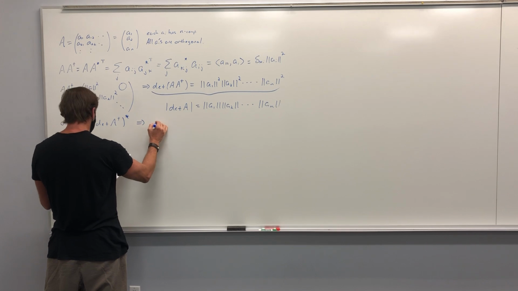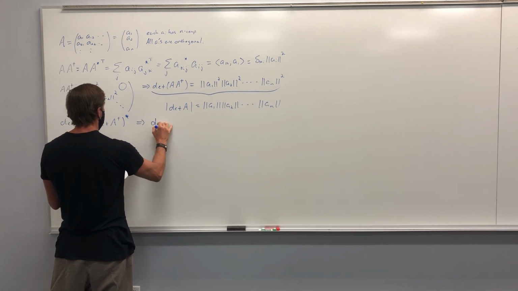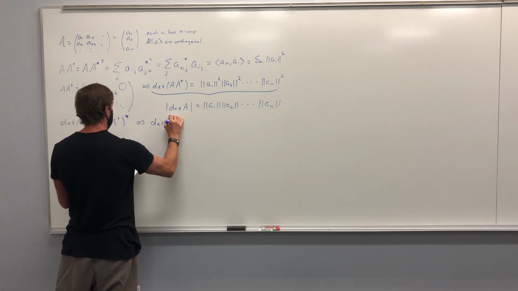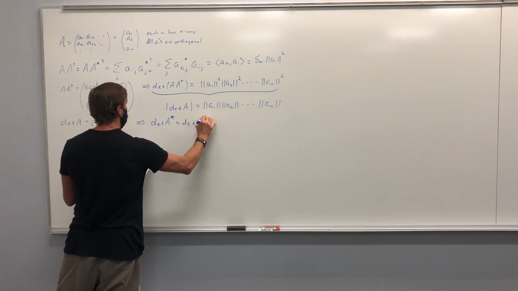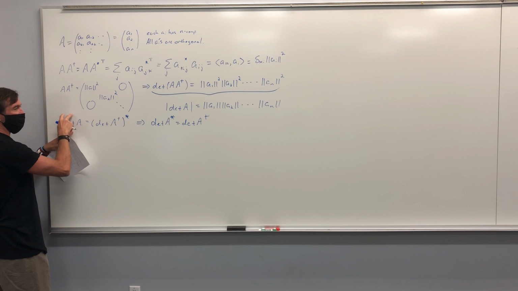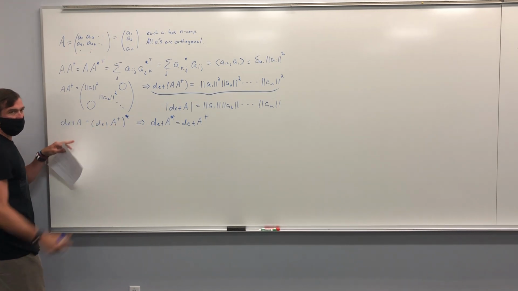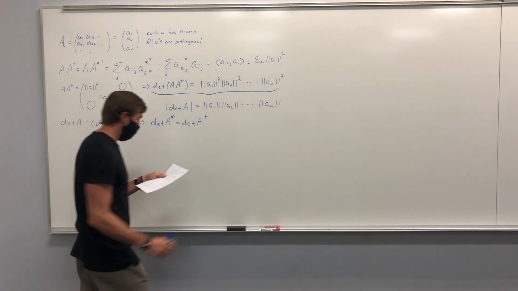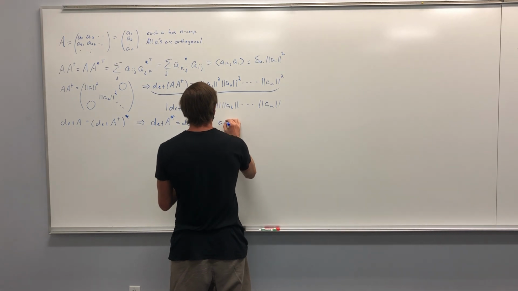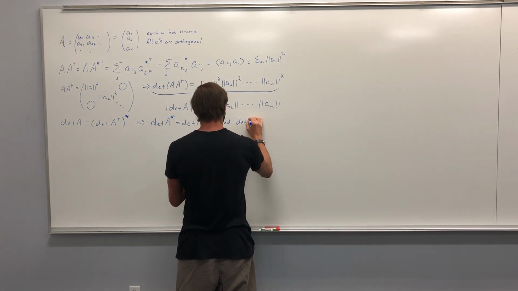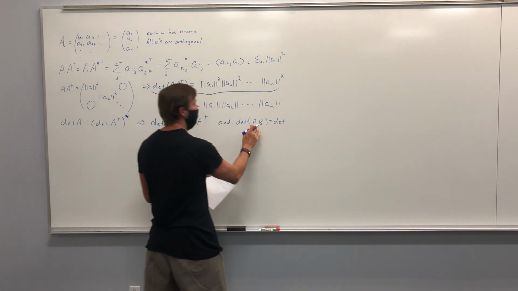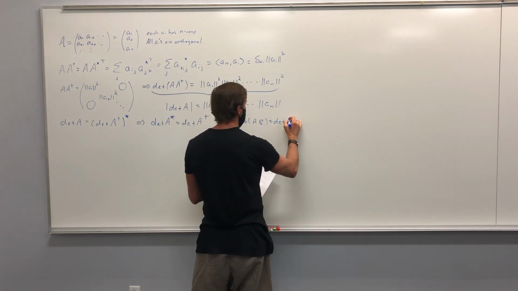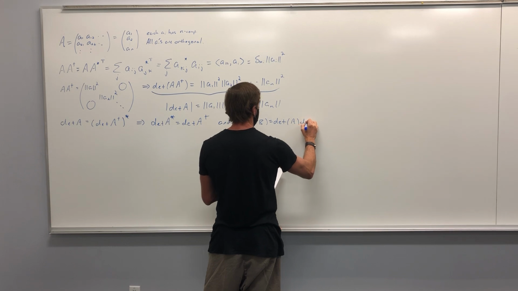Now, this tells me that det A star is equal to det A dagger, because if I star both sides of this, this becomes det A star, and this just becomes det A dagger. And the determinant of the product of matrices is just the product of the determinants individually.